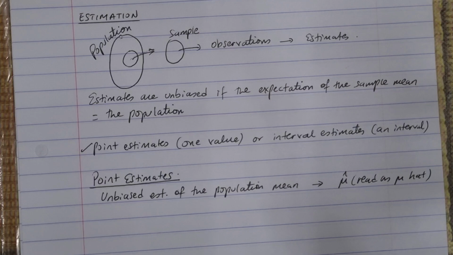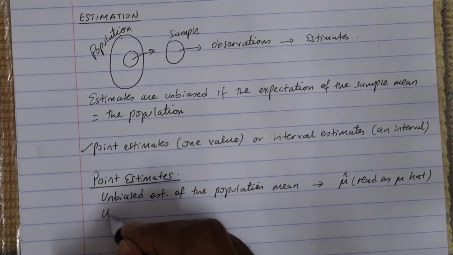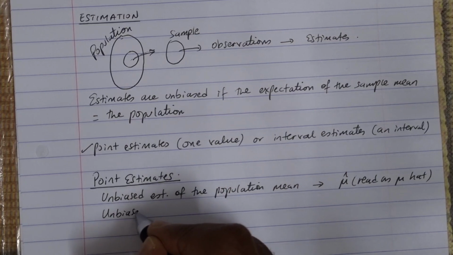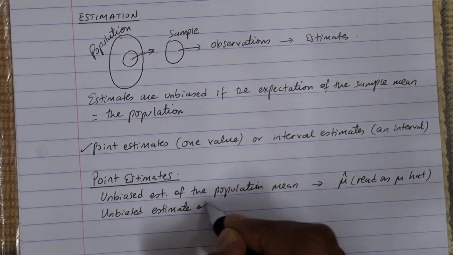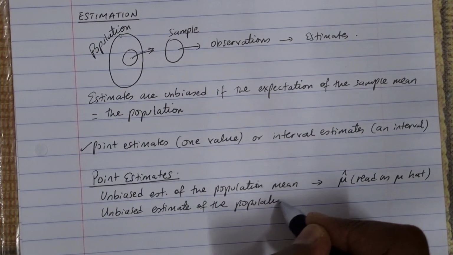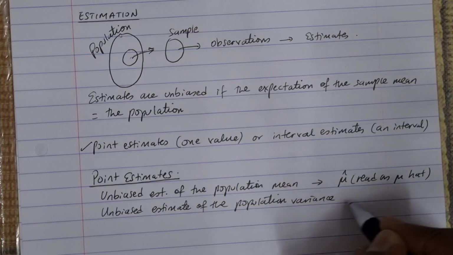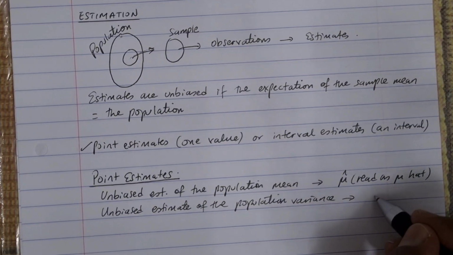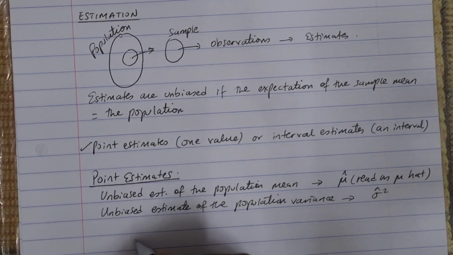And also we can have an unbiased estimate of the population variance. And that is denoted by sigma squared with a hat on top of it.